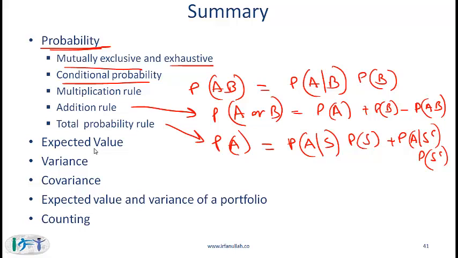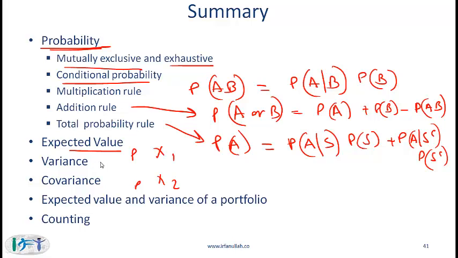We then talked about the expected value of a given random variable, which is fairly straightforward. We simply take the different values of the random variable and multiply by the probabilities for each of those values. So if a random variable can simply take on 2 values, x1 and x2, then the expected value would be the probability of x1 times x1 plus the probability of x2 times x2.